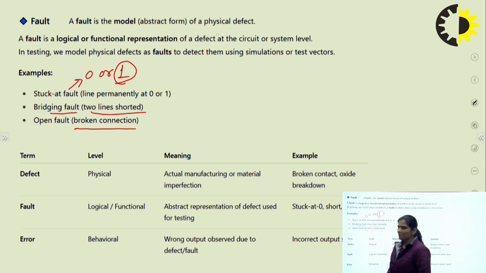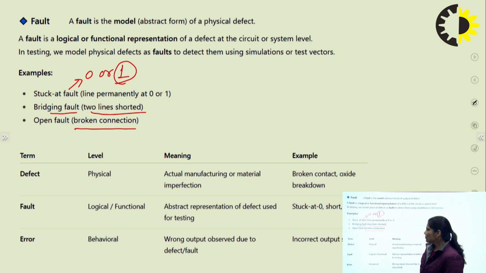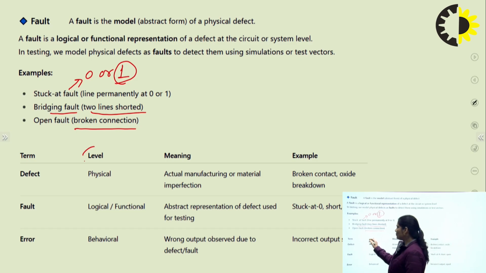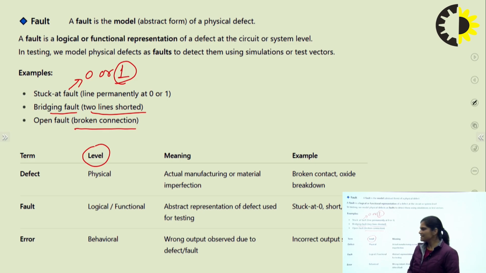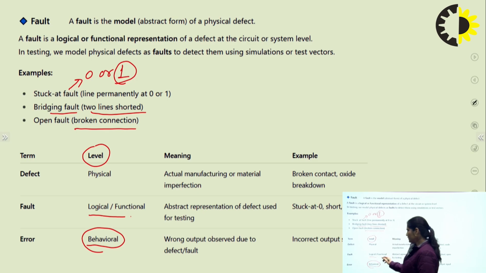Now if we compare these three terms we have studied, defect, error, and fault, on the level: defect is at the physical level, error is the behavior of a circuit, and fault may be at the logical or functional level.